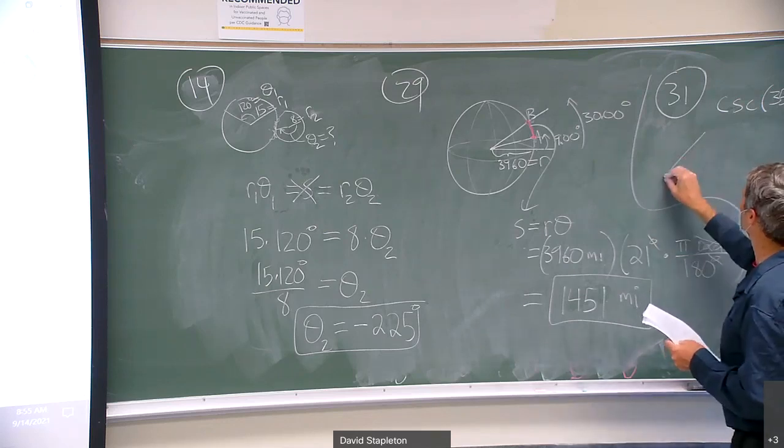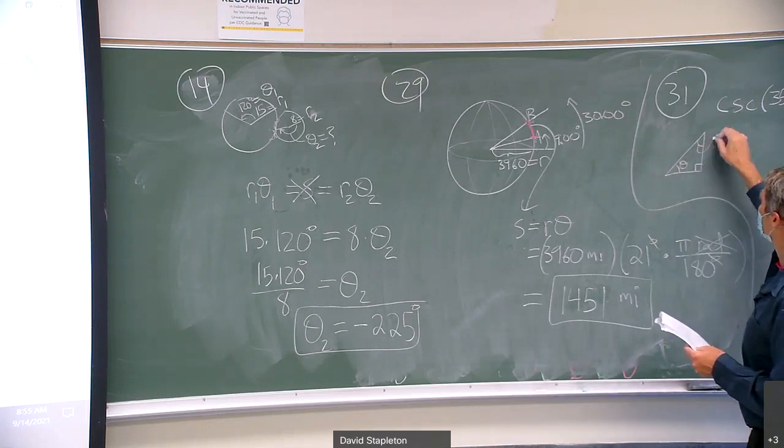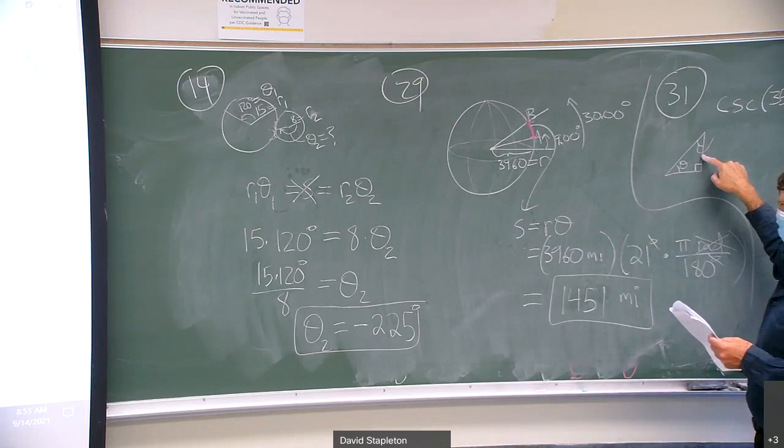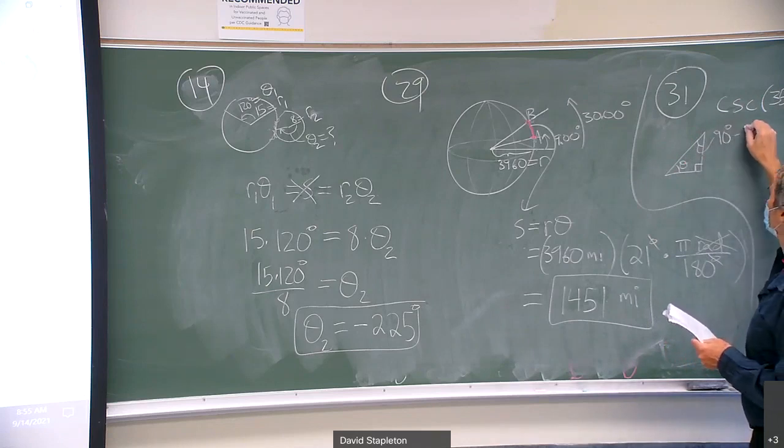Remember the cofunction identities? In any triangle, I have theta. What's this angle here? It's a complementary angle, right? 90 minus theta.